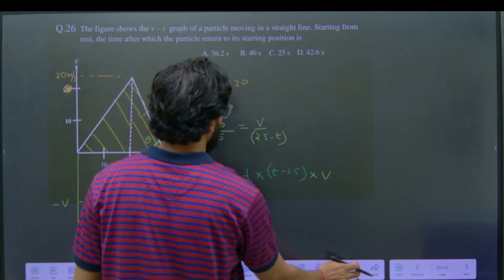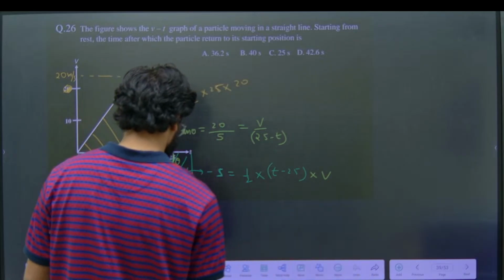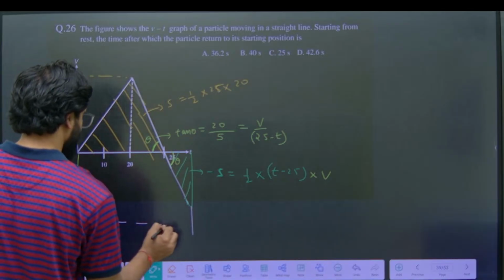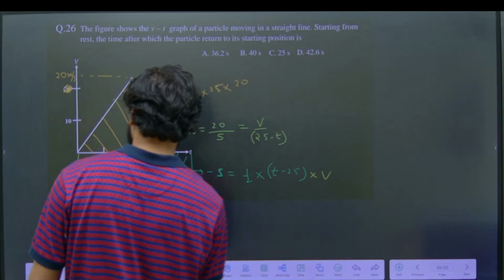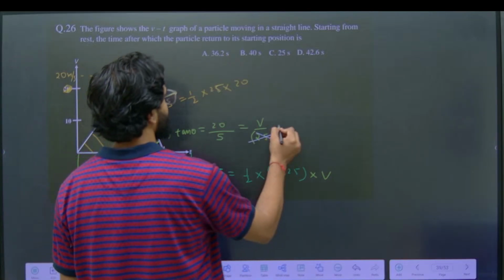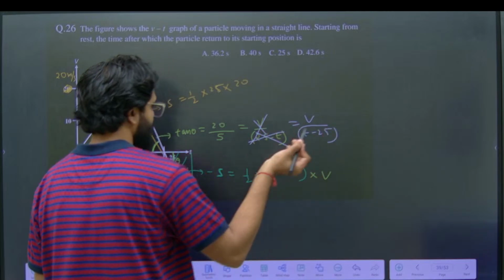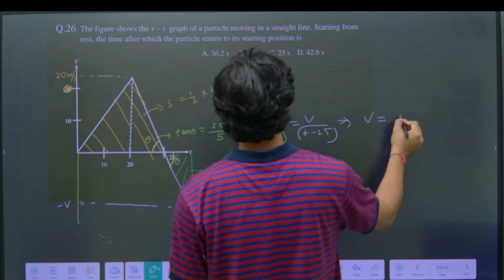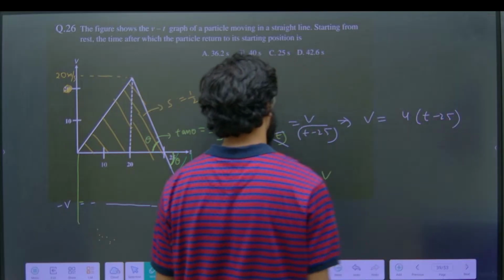So this distance is negative v, and v upon t minus 25, because t is greater. From here we can write v equals 4 into t minus 25.